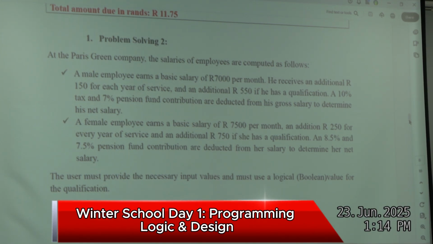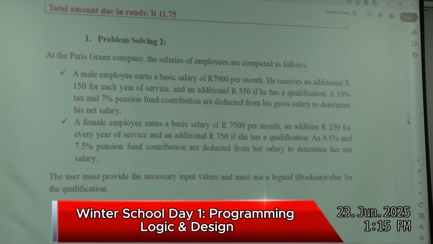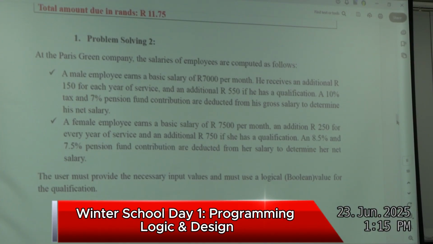A male employee earns a basic salary of 7,000 rand per month. He receives an additional 150 rand for each year of service, and an additional 550 if he has a qualification.